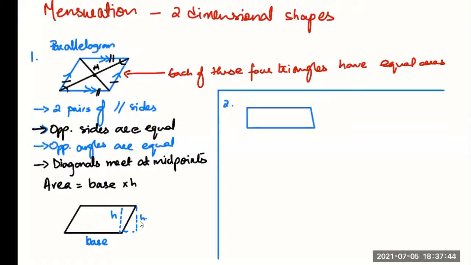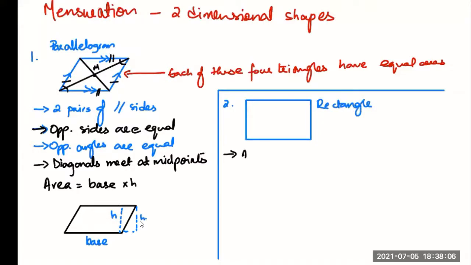Okay. Why did I do parallelogram first? Because square, rectangle, and rhombus are all special types of parallelograms. Okay, this is a rectangle.